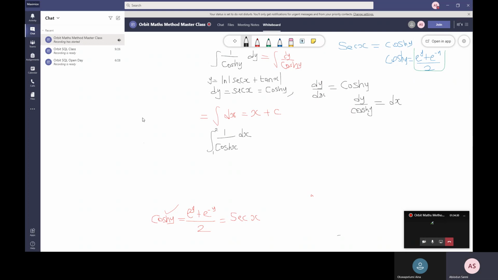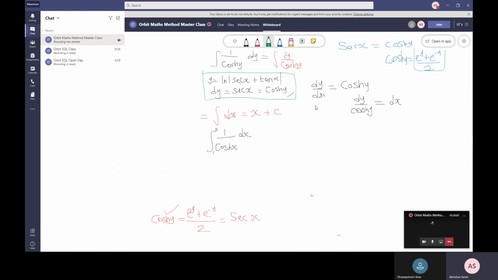So what I will just do is this, without loss of generality. I'll just take 1 over cos x, so wherever there is x in this illustration I have here, I put y there. So if I say my x is equal to ln of sec y plus tan y, so my dx is equal to this.